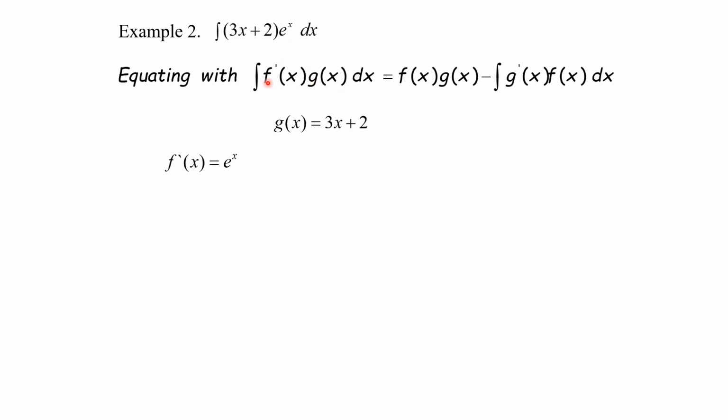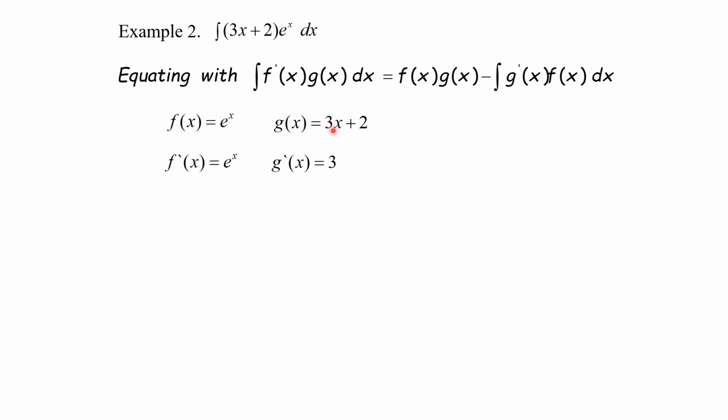Between 3x plus 2 and e to the power of x, we will take g x as 3x plus 2, because when we differentiate g x, we reduce the function to 3, which will make the right hand side of the equation simpler after substitution.